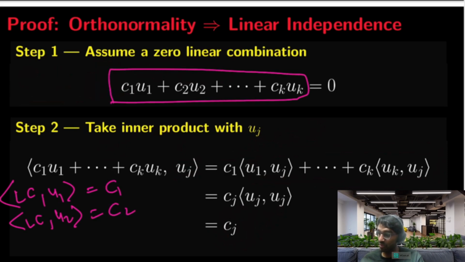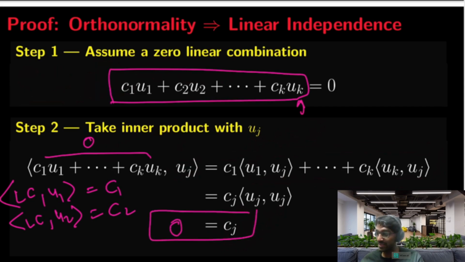Now, this is already 0. Why? Because we are equating it with 0 to check for linear independence. And the inner product of 0 with anything is 0. So this means that Cj is equal to 0.